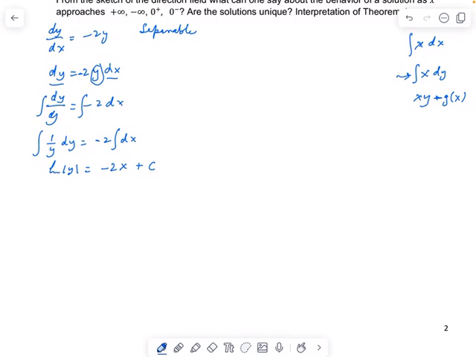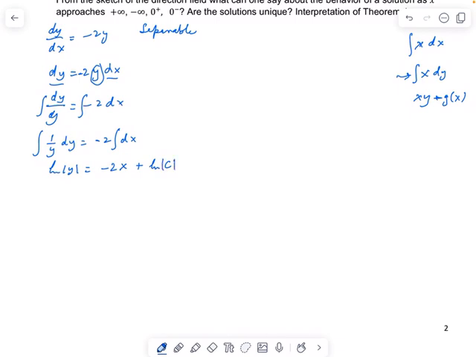Now often when we have a ln in our integration, a log in our integration, it is convenient to put an ln in front of the c as well. This makes the calculations a little bit easier or more understandable. So I'm going to put ln of c. Here I'm thinking of c to be a positive number, because otherwise I have to put bars.